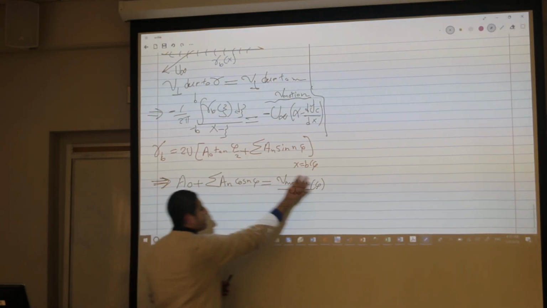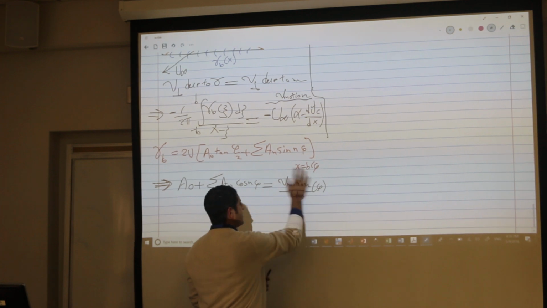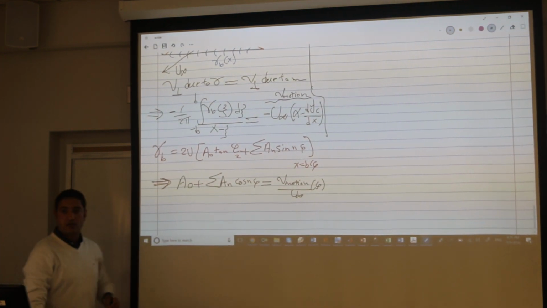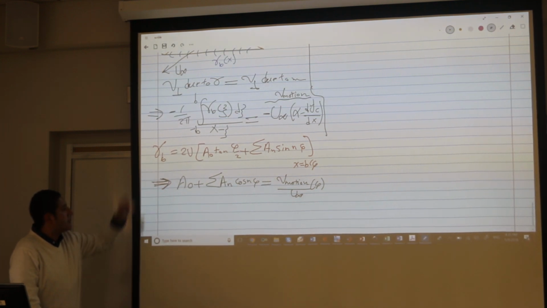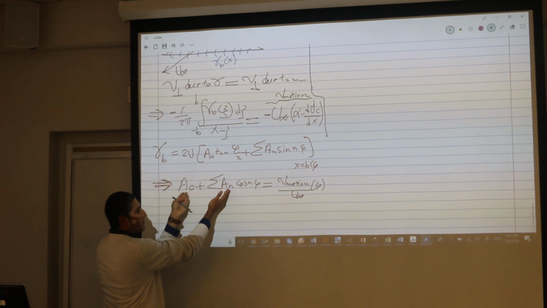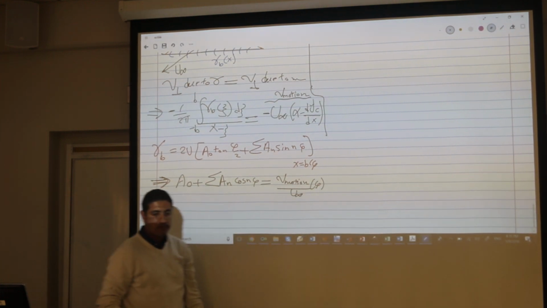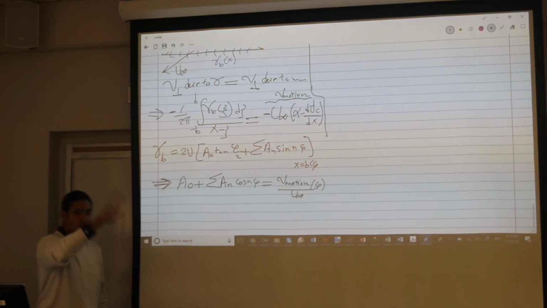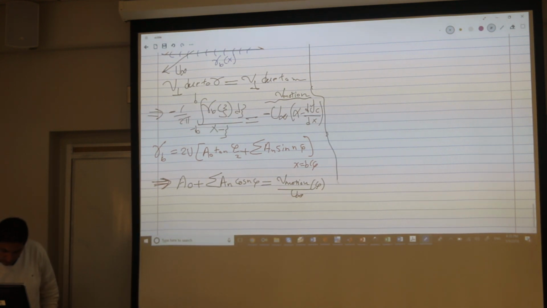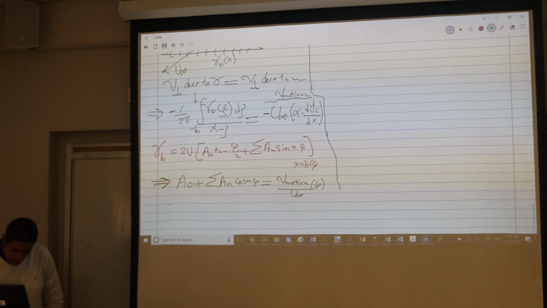Because if you have any given function, and remember this is given, I can represent it in a cosine Fourier series, and you can get the coefficients. So this is simply the cosine Fourier representation of this function. I can get A0, A1, A2 by these integrals. We're done, okay?